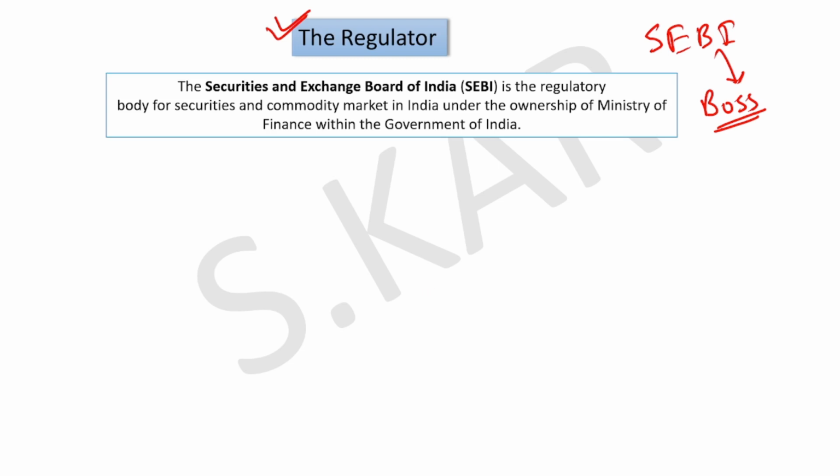Every other market intermediary has their own jobs to do, and they are independent of each other, and they have been defined by SEBI only. And the market intermediaries are bound to work within the limits given by SEBI. So think of SEBI as the boss.